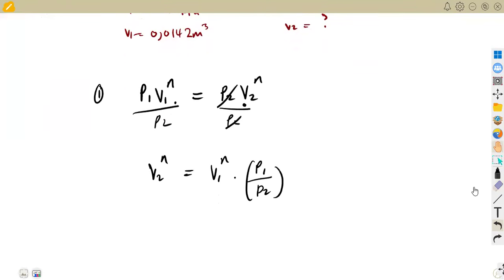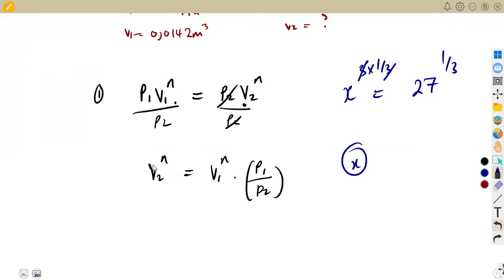Remember from our mathematics, how do you remove an exponent? If x to the exponent of 3 is equal to 27, you multiply the exponent by the reciprocal of 3, which is 1 over 3. By raising to the exponent of 1 over 3, you are left with x. It is the same thing here. What is the reciprocal of n? It's 1 over n.